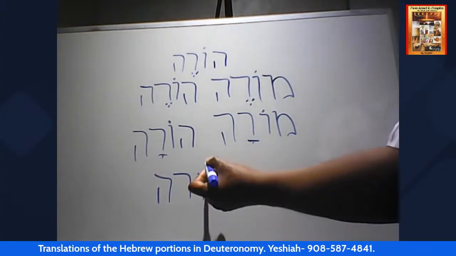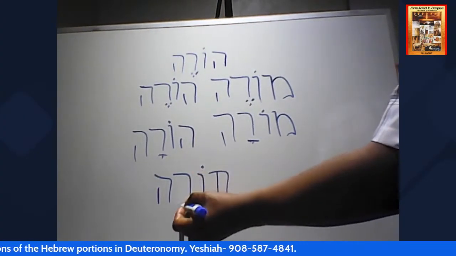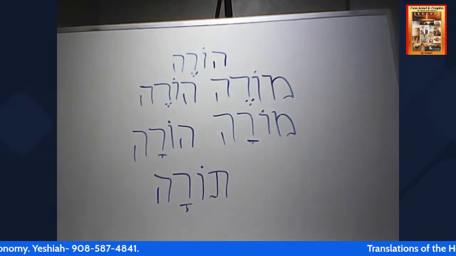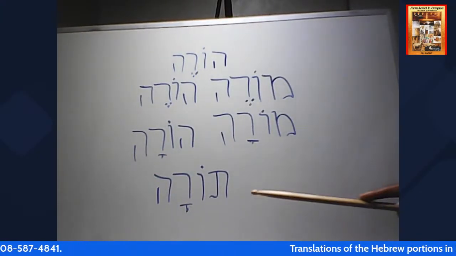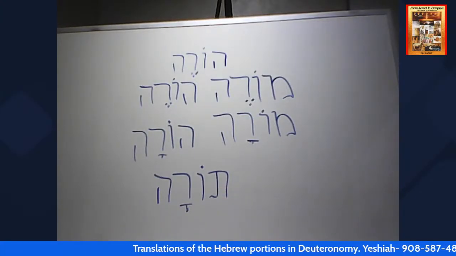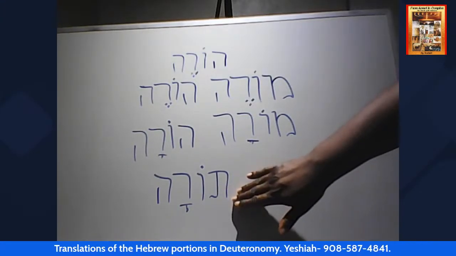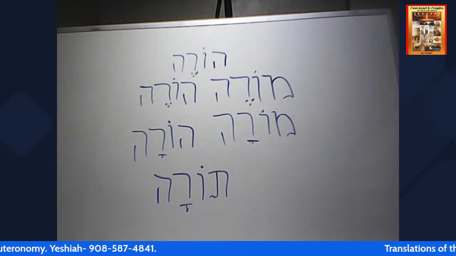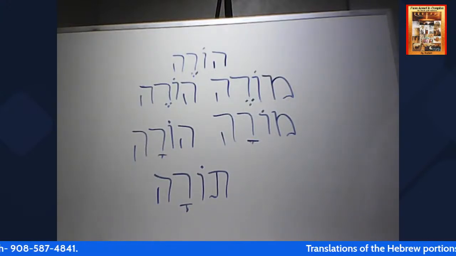And we have here the word Torah, generally said as law, but the word Torah really means teaching or instruction. For instance, when you read in the book of Proverbs and it says, forsake not the teaching of thy mother, al tishkach torat imecha, forsake not the teaching of thy mother.